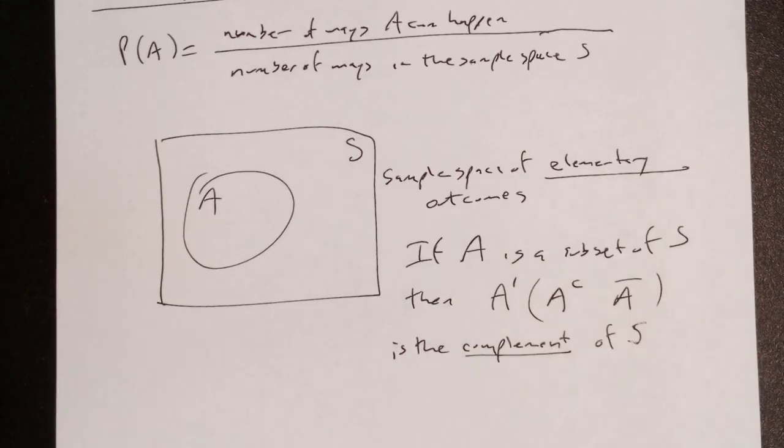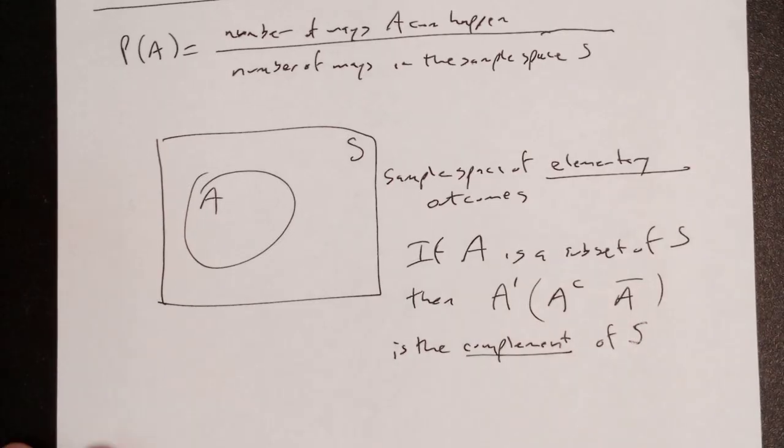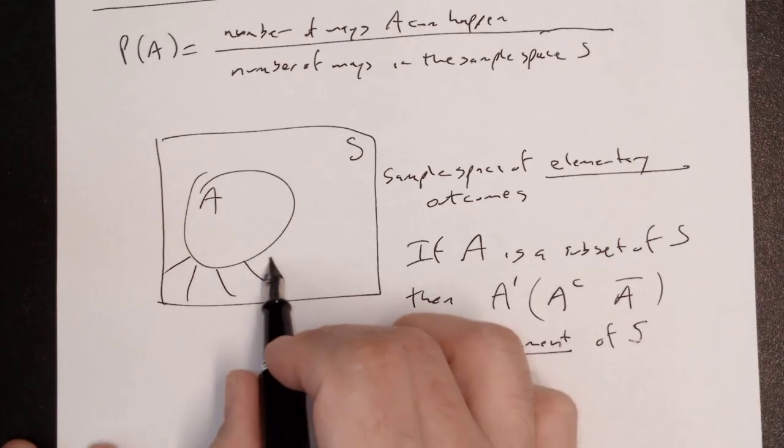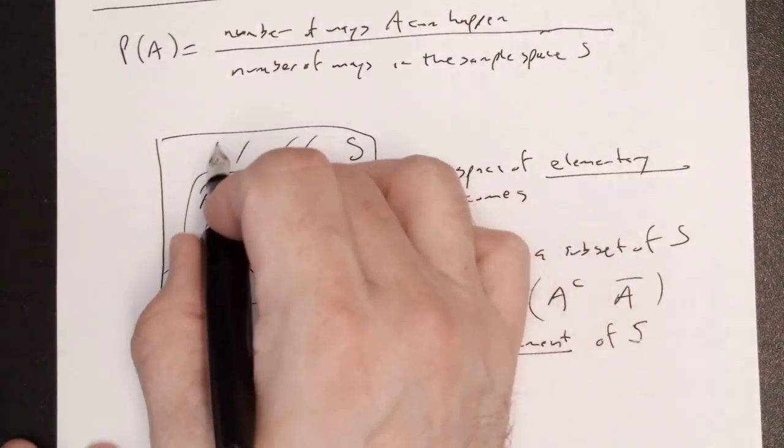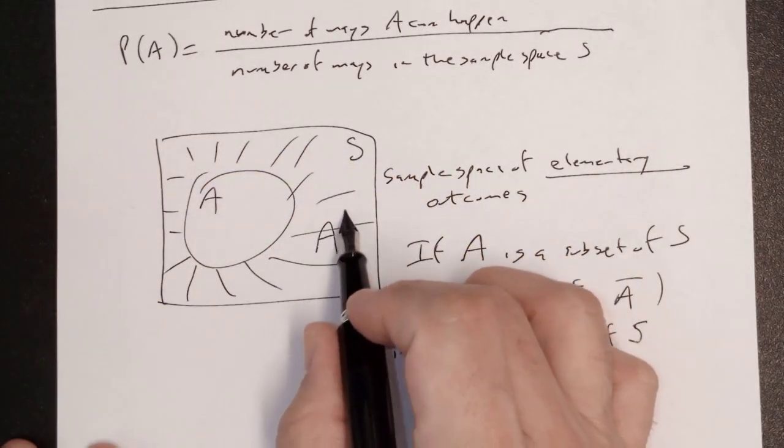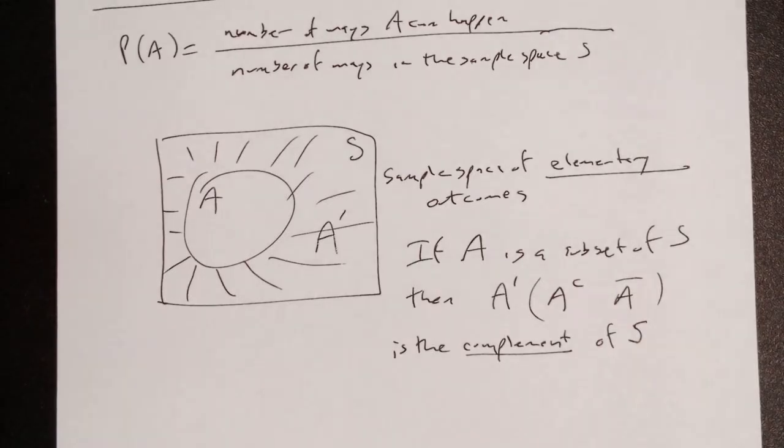It's everything outside of A. So our sample space is divided into 2 pieces, the stuff inside A and the stuff outside A. A prime is that section, the complement.